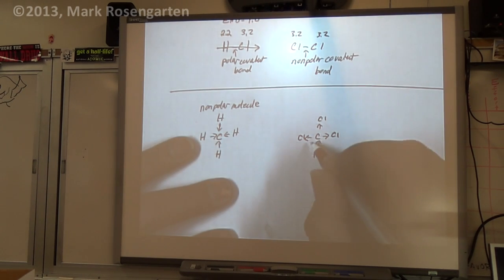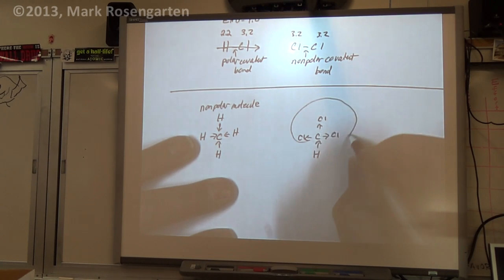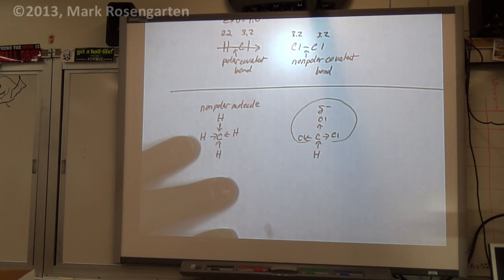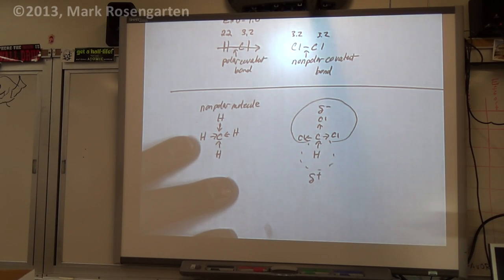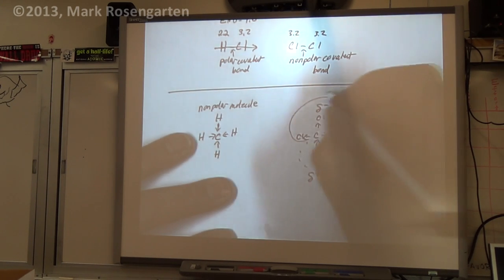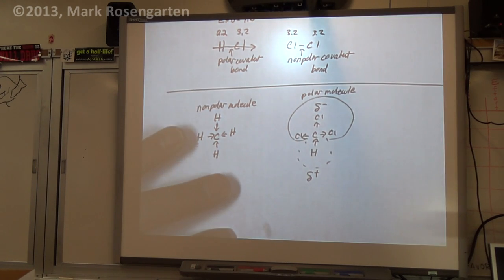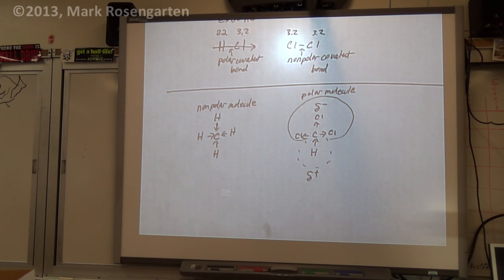So what ends up happening is this end of the molecule is partially negative, and this end of the molecule is partially positive. And because of this, we call this a polar molecule, because the distribution of charge is not symmetrical in the molecule. One side's got a stronger pull on electrons than the other.